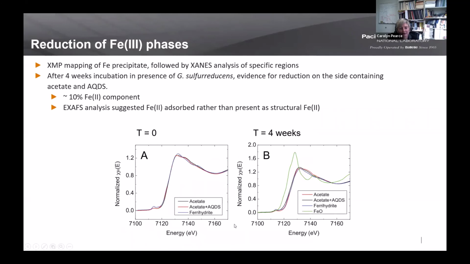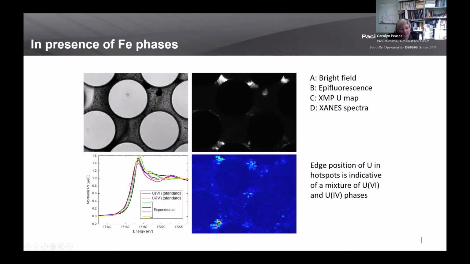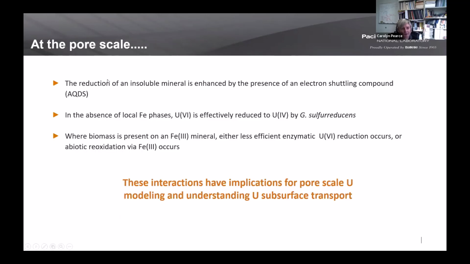For the iron-bearing phases, we were able to show that if you have a redox shuttle, the Geobacter sulfurreducens was able to reduce a small quantity of the iron, but not to any specific mineral phase. It was just iron-2 adsorbed to the ferrihydrite that was precipitated. And there we saw a mixture of redox. So the uranium was interacting with the iron and the Geobacter and getting retained even in the +6 oxidation state, as well as being reduced.